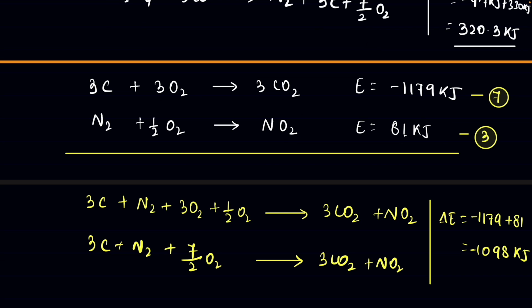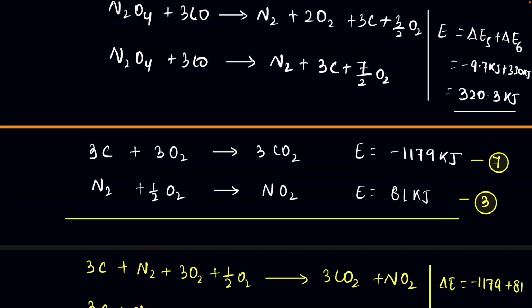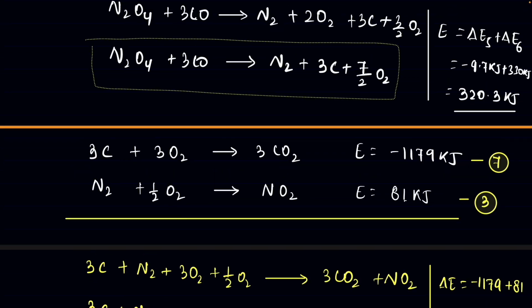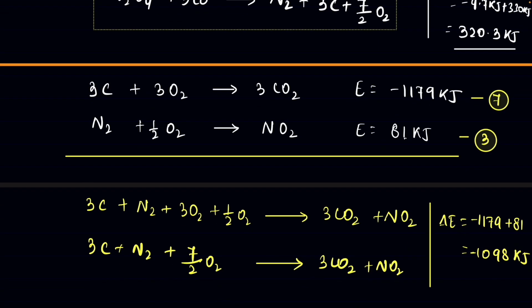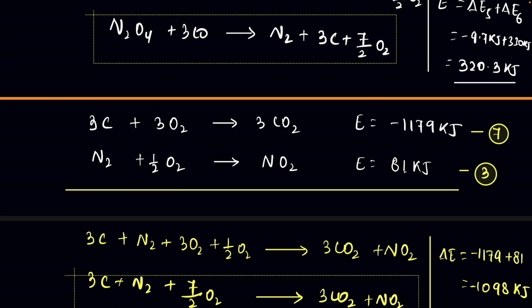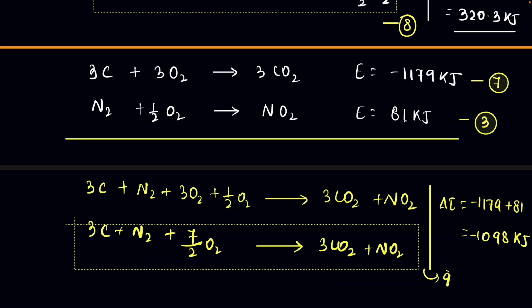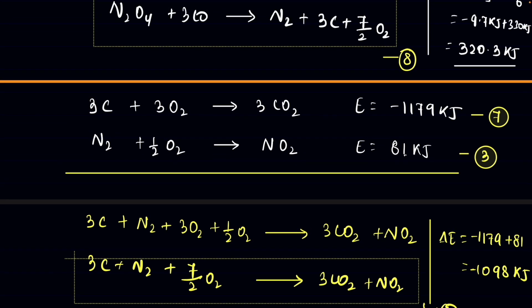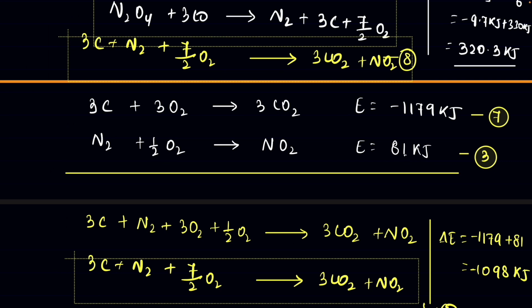Now you see, we got one relation previously, this relation. This is the reactant side relation and this is the product side relation. If we consider this as relation number 8 and this as relation number 9, we simply have to add both of them. When we add relations 8 and 9, you will notice that nitrogen gets cancelled, carbon gets cancelled, and this gets cancelled.